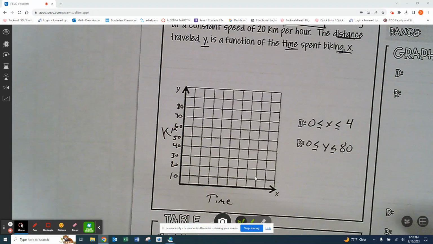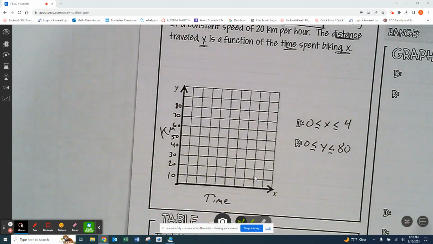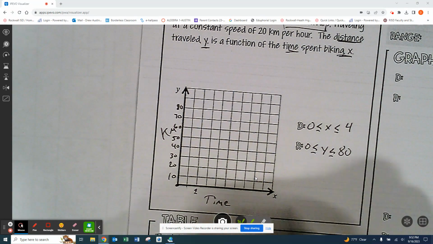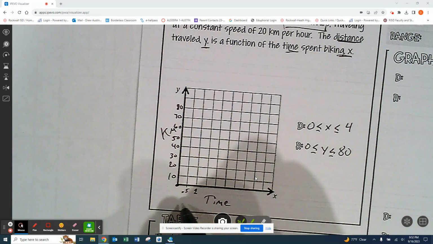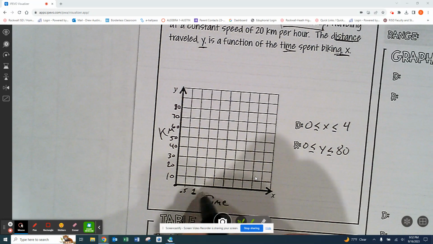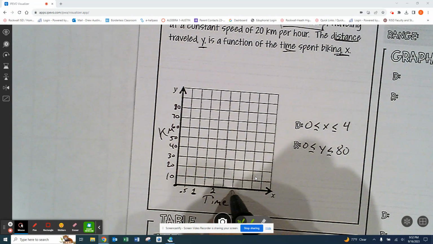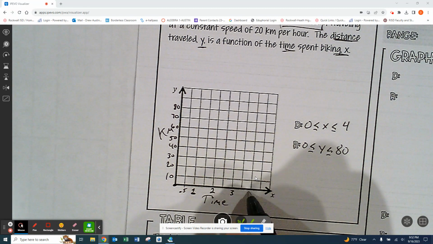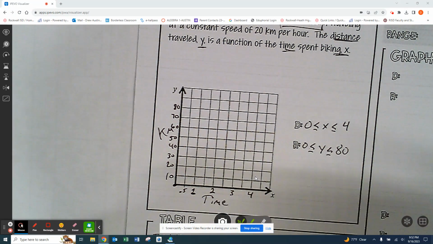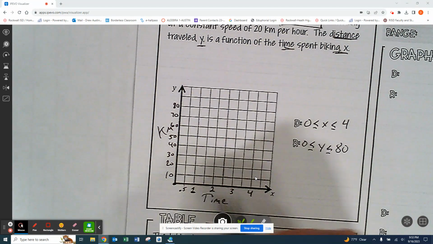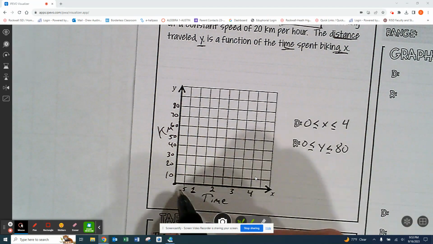And for my time, just so I can spread it out so you can see it a little bit better, I'm going to do it in half hours. So every other one, this right here is going to be my first hour, and that would be a half hour. The next one's 2, 3, 4. If you went 1, 2, 3, 4, there's nothing wrong with that. I just wanted to spread it out a little bit so you could see it a little bit better.